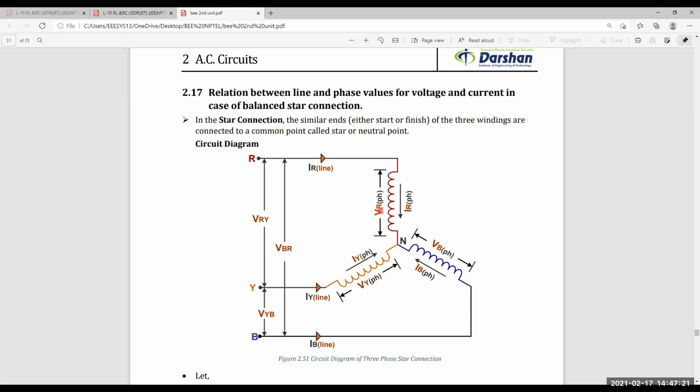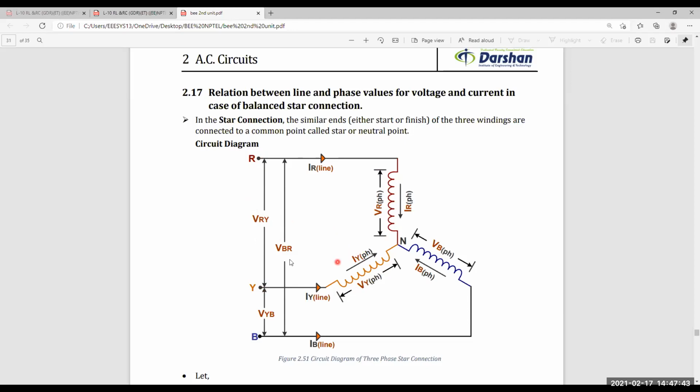It is connected between the R phase and the Y phase. That's why the line voltage is not equal to the phase voltage, because another phase is also included in the circuit.